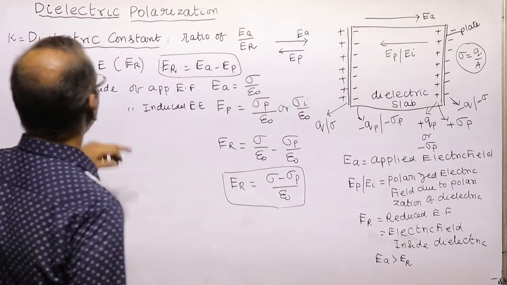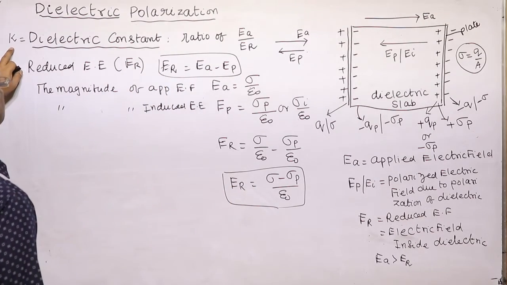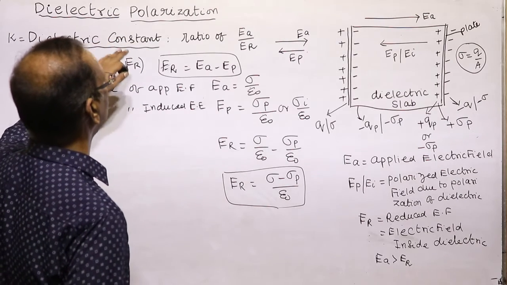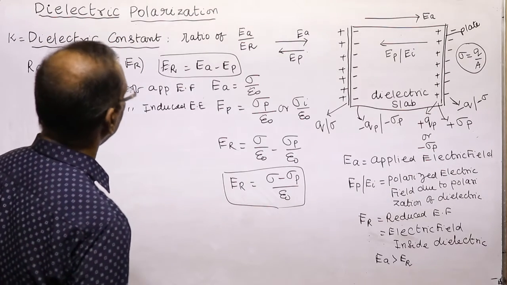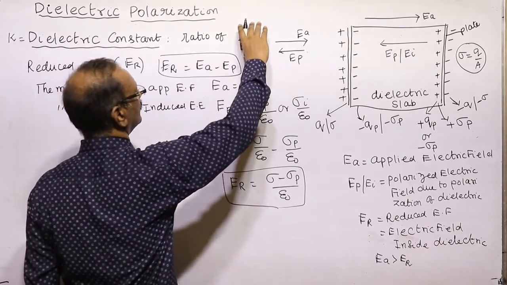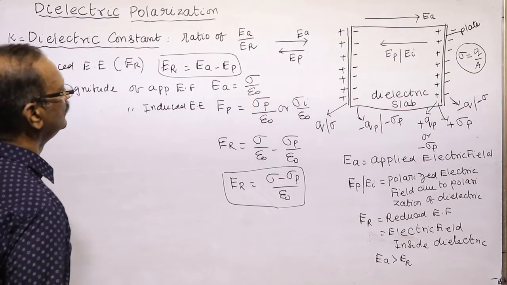And the dielectric constant, or we can call it the relative permittivity of the dielectric, is nothing but the ratio of the applied electric field divided by the reduced electric field.